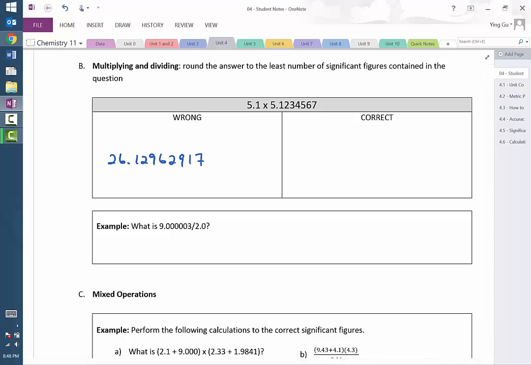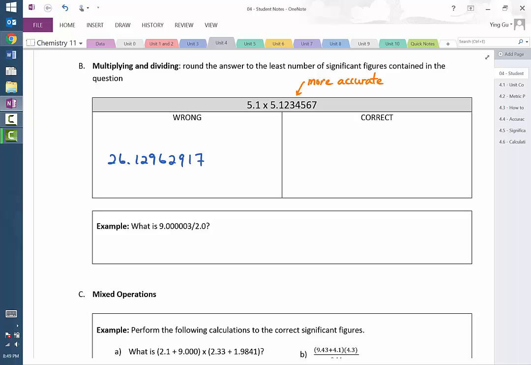Between the numbers 5.1 and 5.1234567, which one is the more accurate of the two? This one. This value is more accurate because it's got more decimal places, which means it came from an instrument that had a lot of increments in it and a lot of lines for you to read the decimal places to that far. So that comes from a very accurate measurement tool.